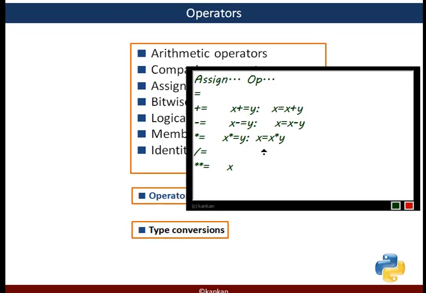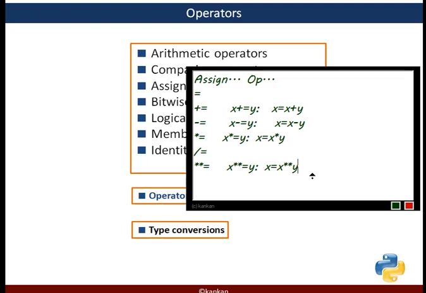If you write x exponent equals y, that means x equals x exponent y. So what does it mean actually? The expression will be evaluated first, and after that the value will be assigned to variable x. Clear?